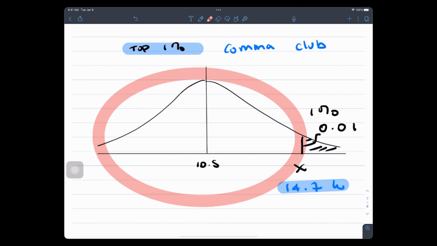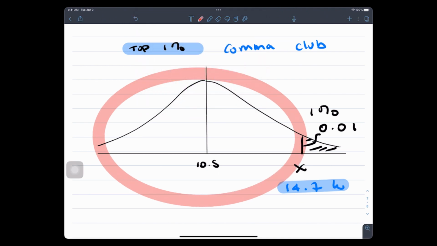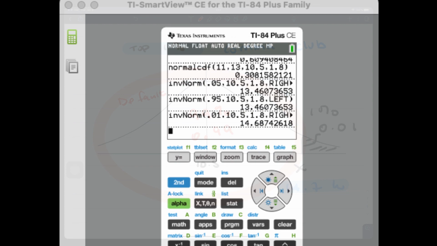You have the other version. What's the complement of 1%? 99%. What's the decimal representation? 0.99. You guys okay with that? We're going to use the default inverse norm.